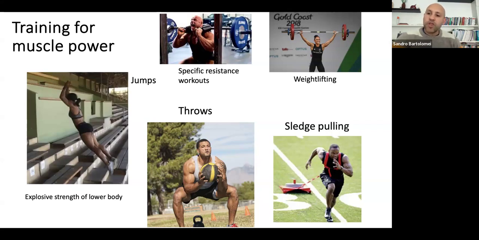So that kind of jump can be performed even during the in-season, even 3 days before a competition, while the other kind of jumps in which you land at the same level as the takeoff should not be performed close to the competition, because it takes a lot to recover.